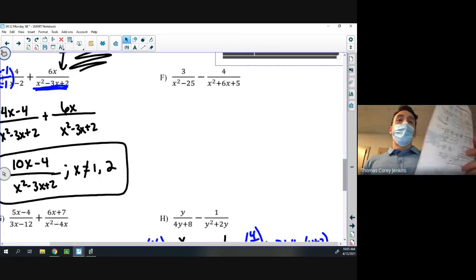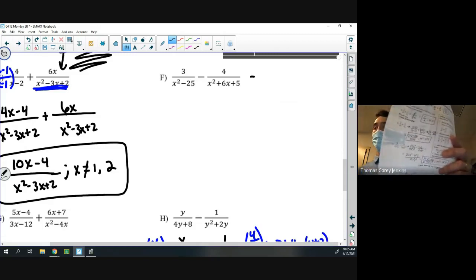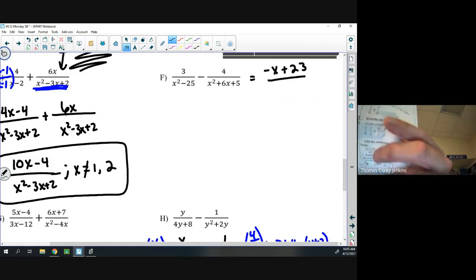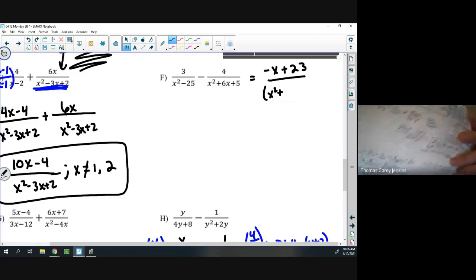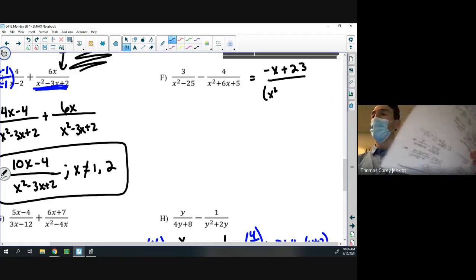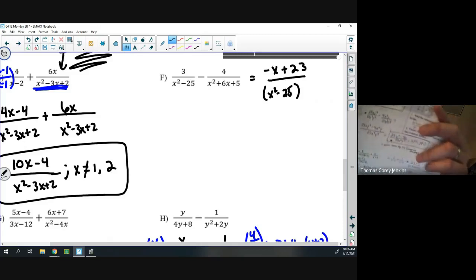All right, so the final answer on F is going to be, well, if I can find it. So that's going to be negative x plus 23 over x squared minus 25, or x plus 5 times x minus 5 times x plus 1.